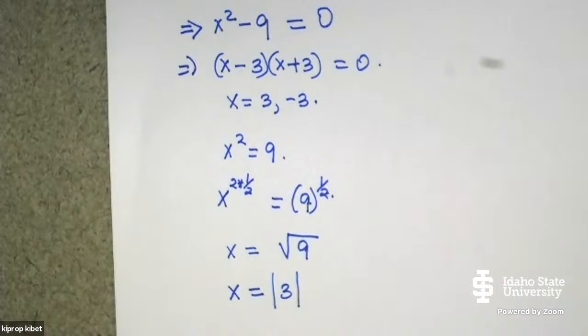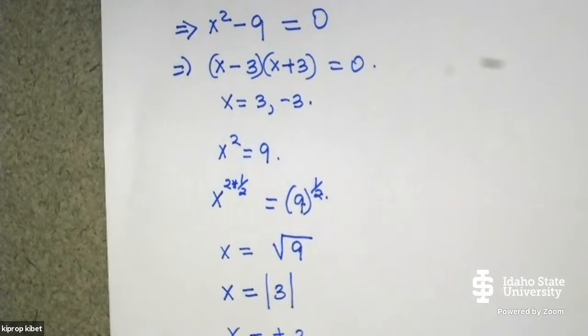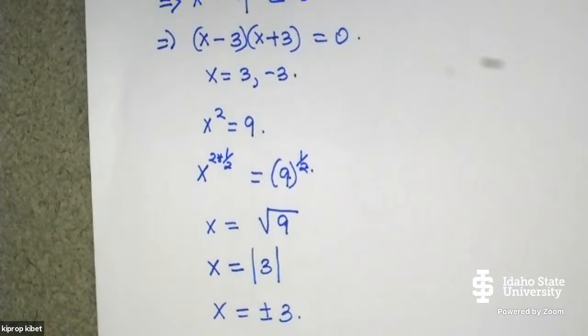This absolute value is the same as positive or negative. So therefore, x equals plus or minus 3.